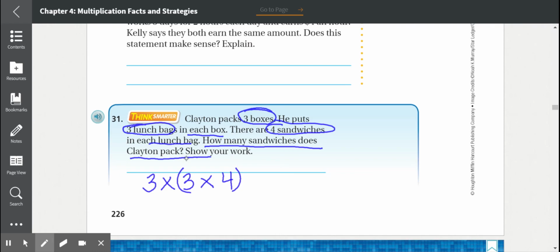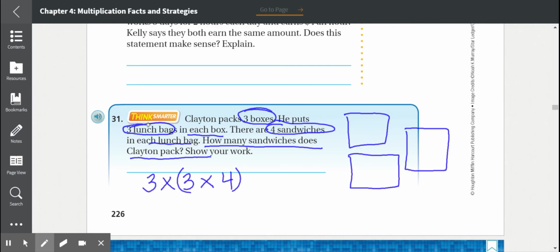In each box are 3 lunch bags, and in each lunch bag are 4 sandwiches. So if I were to draw this, I'm going to draw 3 boxes, right? And in each box are 3 lunch bags. So that's 1, 2, 3. 1, 2, 3. 1, 2, 3. And then in each lunch bag are 4 sandwiches.